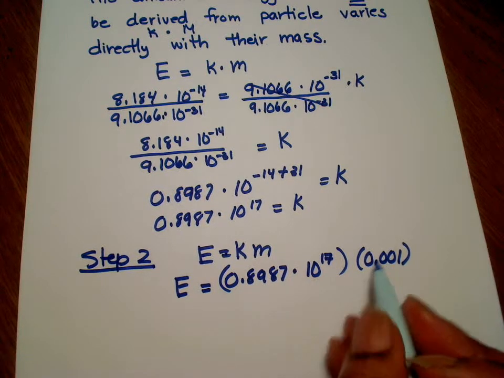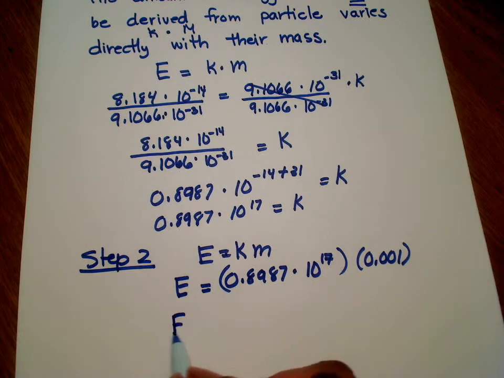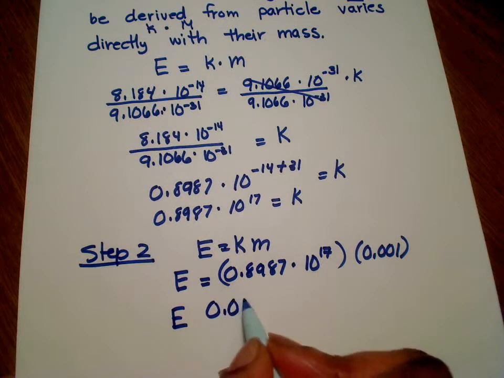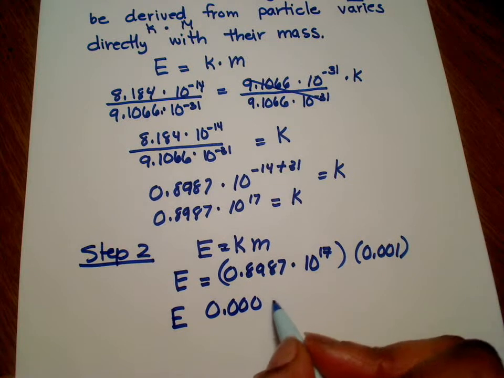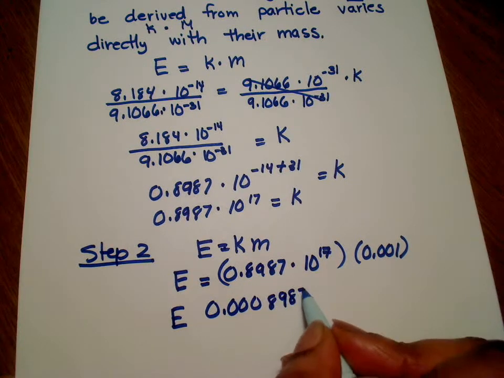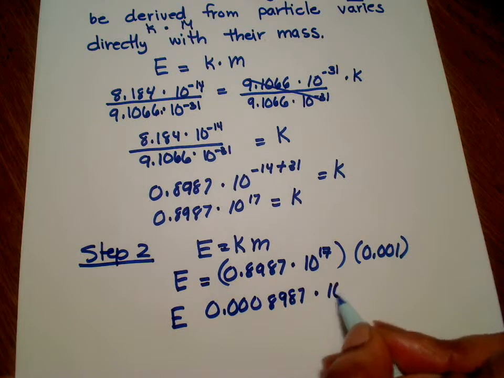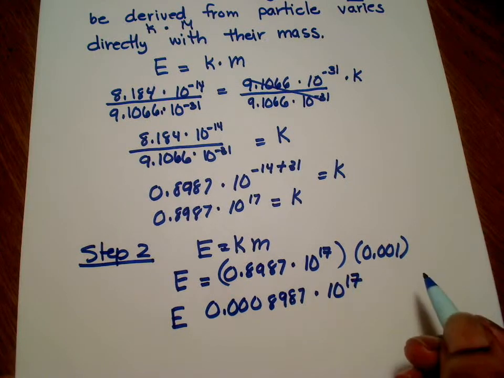When you take your calculator and you come up with that answer, you'll end up with 0.008987 times 10 to the 17th.